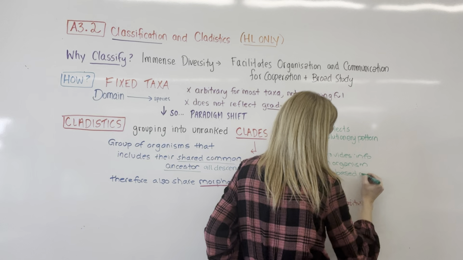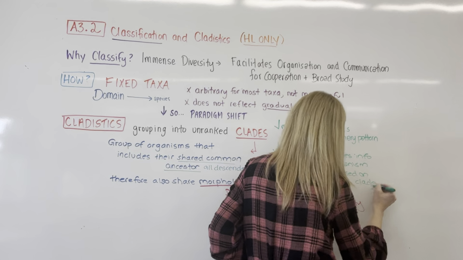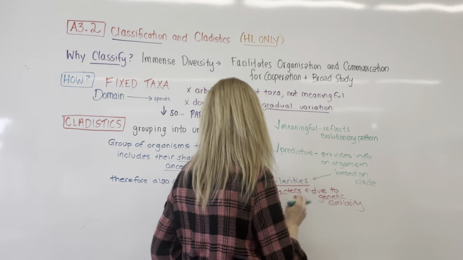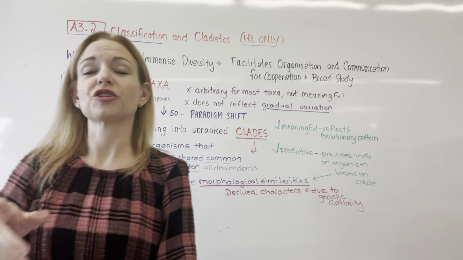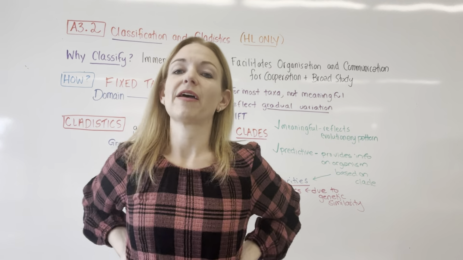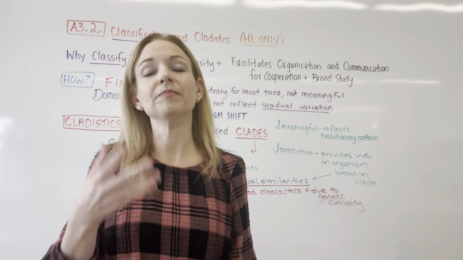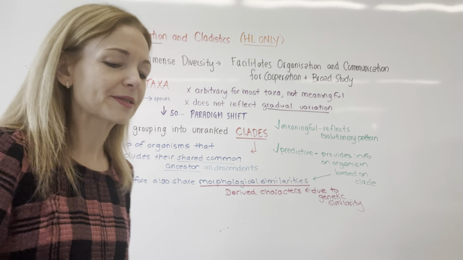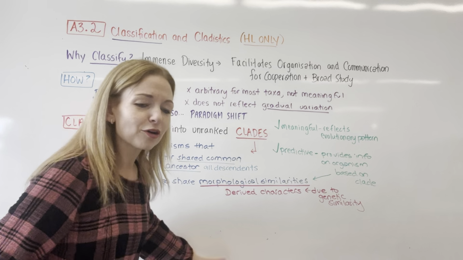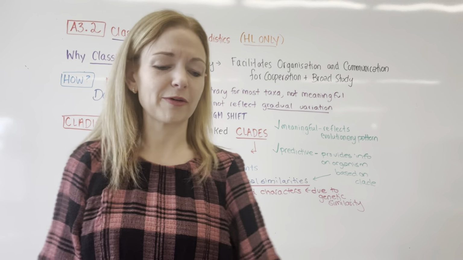Again, that's because it's not as arbitrary. You could, in theory, say they're probably going to have some morphological similarities because of their evolution together. Those are some of the benefits of using it: it has more of a meaning and a use. Okay, so then how do we actually determine it, which is what we've already talked about.